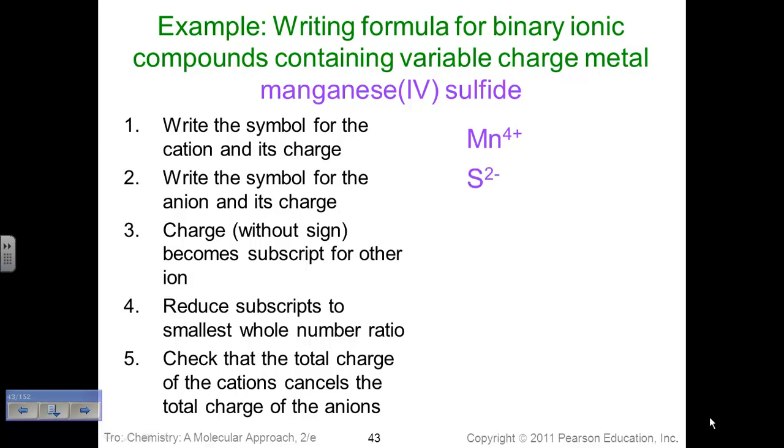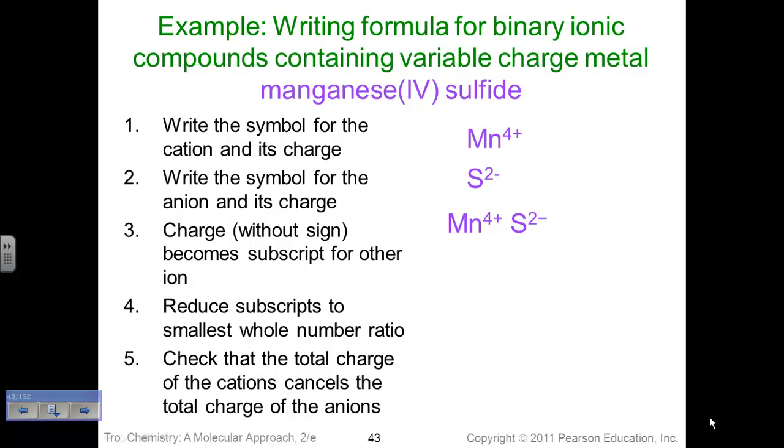The symbol for the negative ion is S. The element's name is sulfur, so the anion sound is sulfide. You find it on your periodic table underneath oxygen in the box. Did you tell yourself it was a -2? We've got a +4 hooking to a -2.